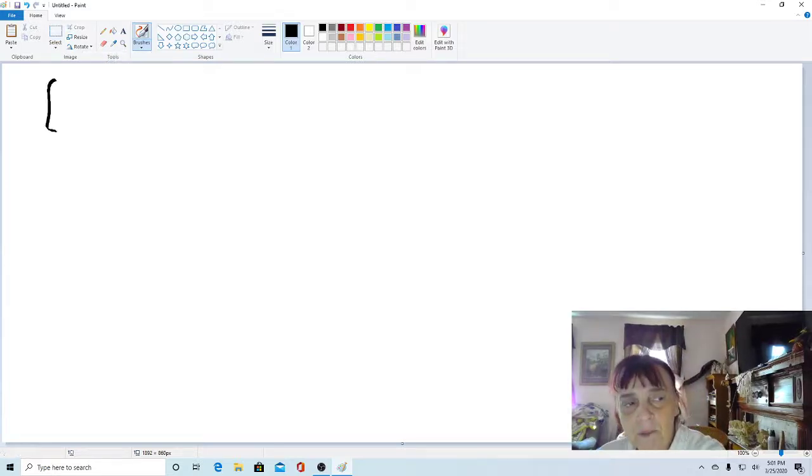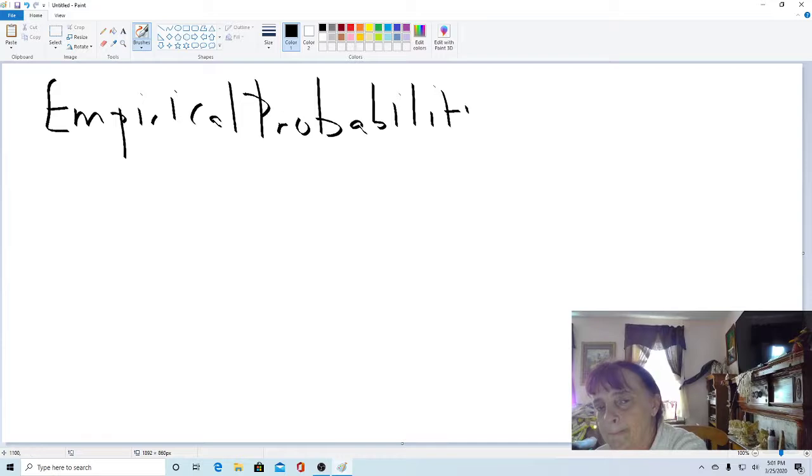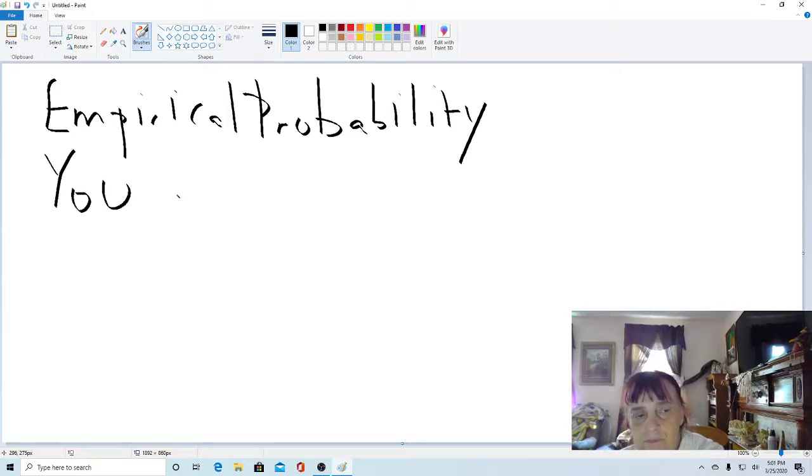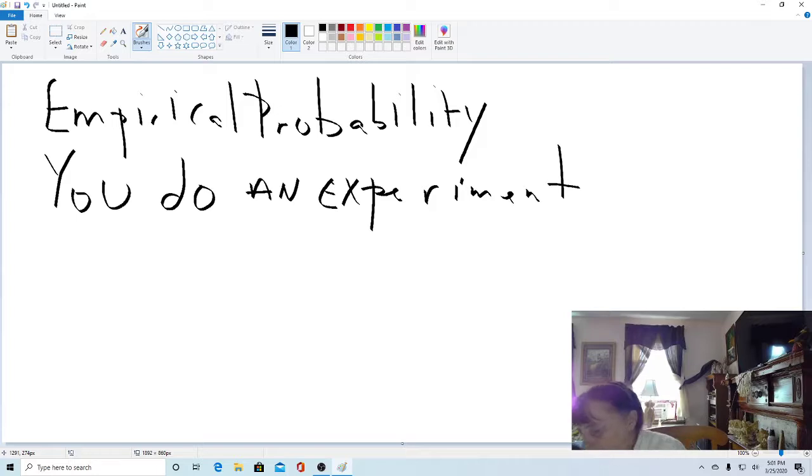Okay, the empirical probability. That's where you do an experiment to compute a probability.